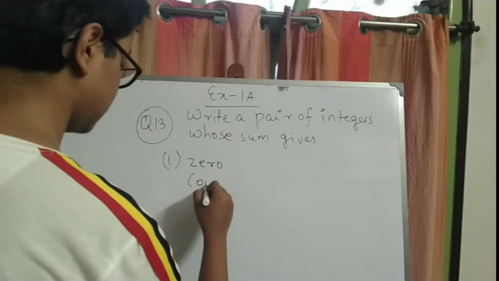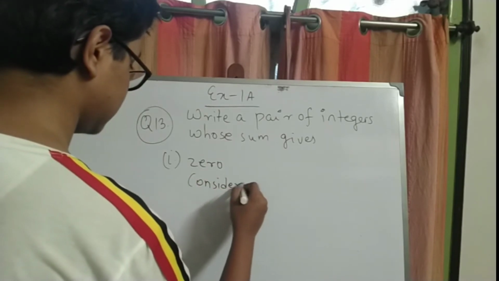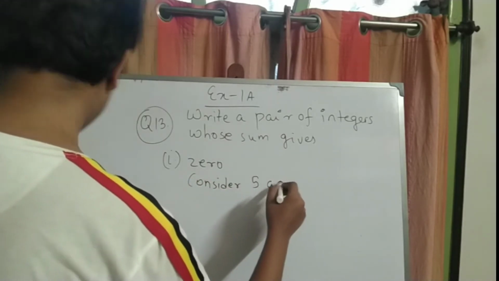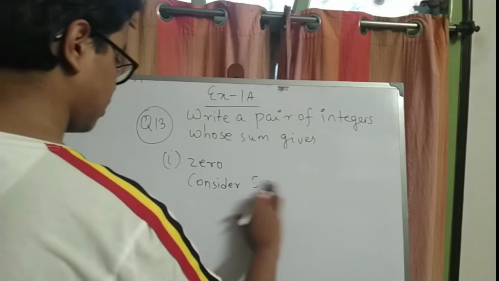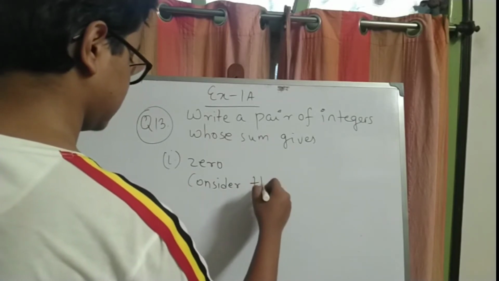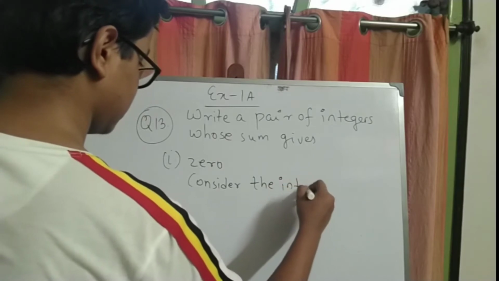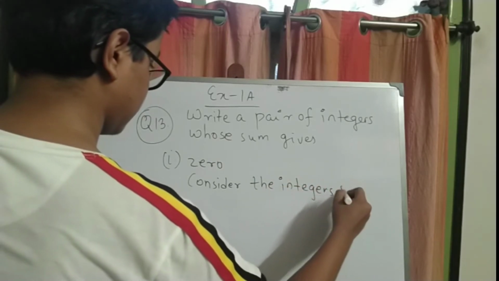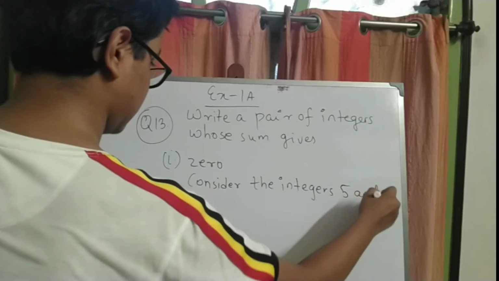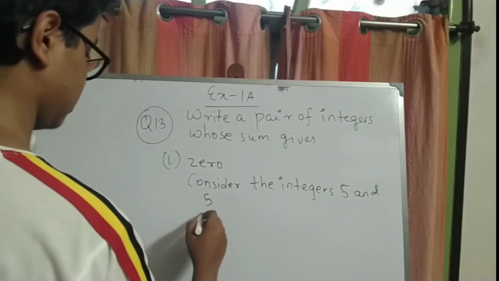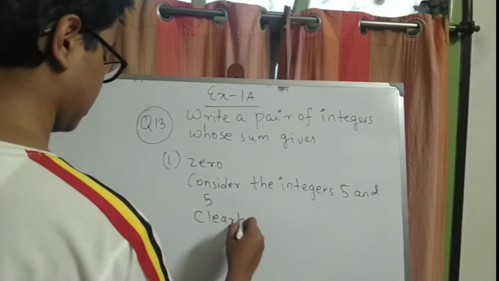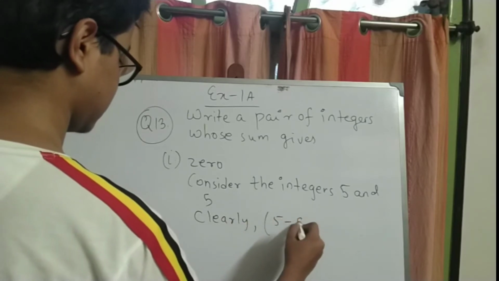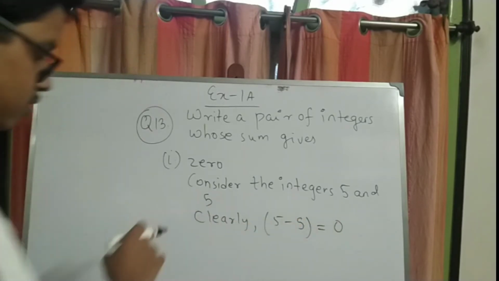If I consider the integers 5 and 5, so clearly if I subtract it, I will get a 0.